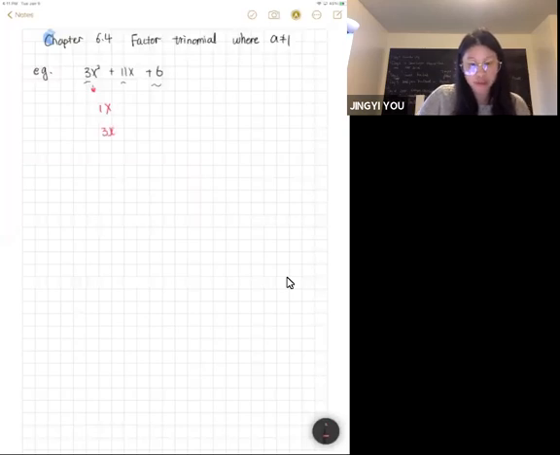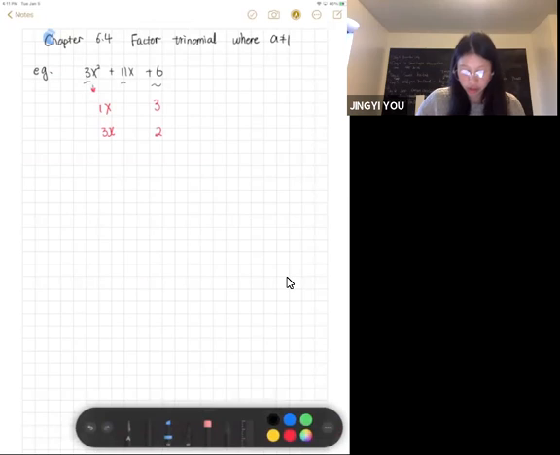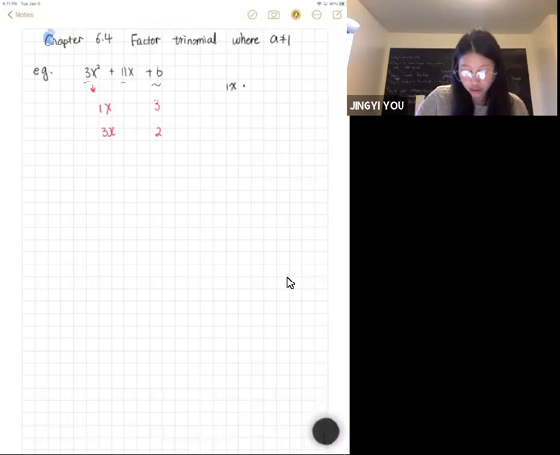And then two numbers that multiply to get 6: 3 and 2. That's our goal. We want 1x times 3x to equal 3x squared, and then 3 times 2 to equal 6. So that means this might be the combination that we're looking for.